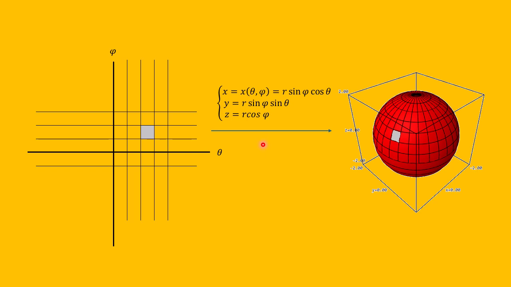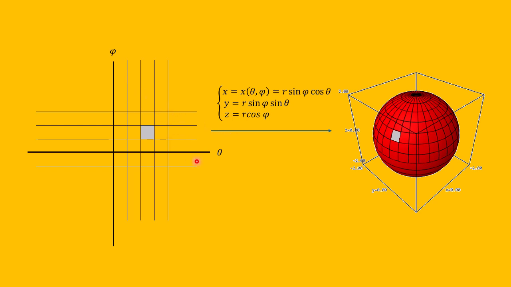Theta is an angle in the xy plane after you drop a perpendicular down to the xy plane. And phi here is an angle that is made with the positive z-axis. Theta can be anything between 0 and 2 pi, and phi can be anything between 0 and pi. Letting theta and phi range between those two limits will generate the entire sphere, both hemispheres.